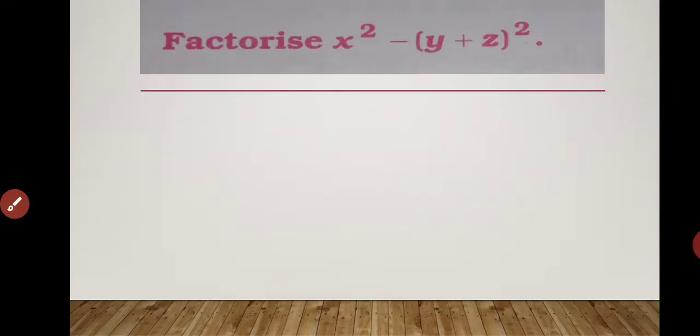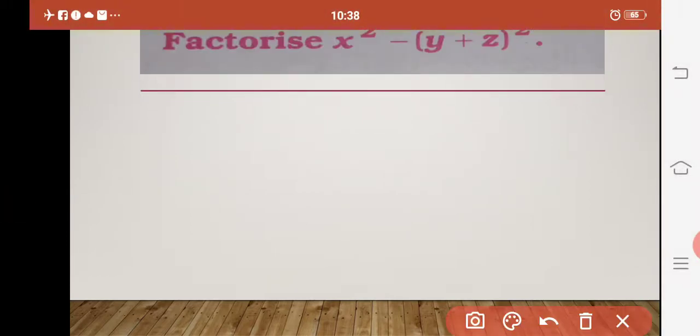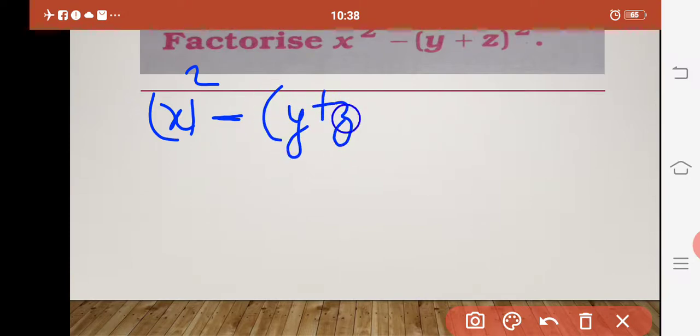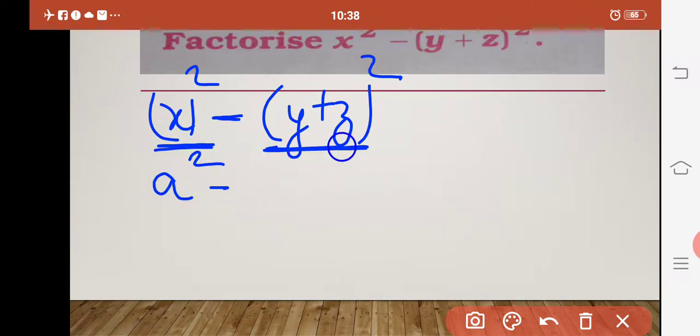Now the second example is x square minus (y plus z) whole square. So we have x square, and after the difference the second term (y plus z) square. So we consider x square as a square and this whole as b square, because we have to calculate the difference, so we consider the term before the difference as a and just after the difference as b.